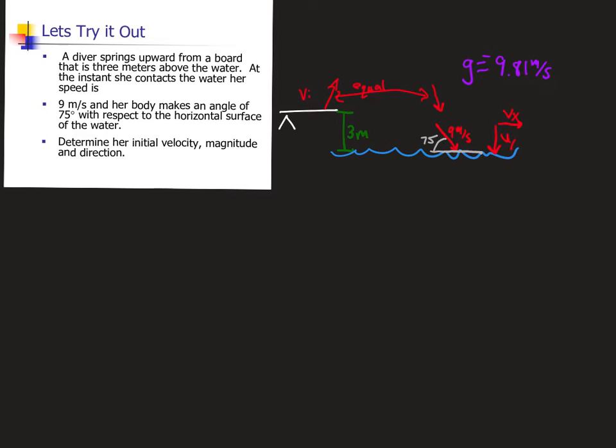So we need to find the velocity in the y direction, and it would also help to have the velocity in the x direction as well. The velocity in the y direction takes our velocity times the cosine of theta, and our velocity times the sine of theta will give us the velocity in the x.